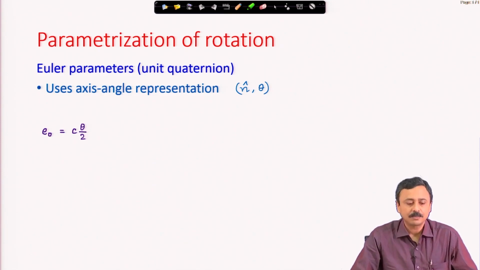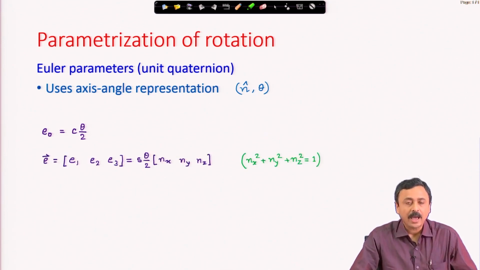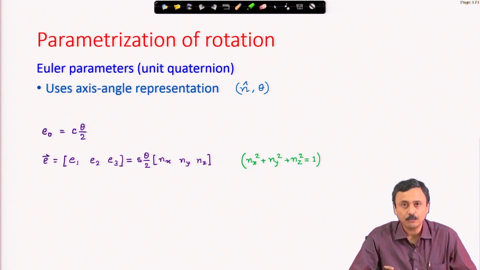Let us define something called lowercase e naught, e 0 as cosine of theta by 2. Theta is the rotation about that axis n cap. So, given an orientation or a rotation matrix corresponding to n cap and theta, let us define E 0 as cosine of theta by 2, and another vector E consisting of E 1, E 2, E 3 as components equal to sine of theta by 2 times n x, n y, n z, the n cap vector.